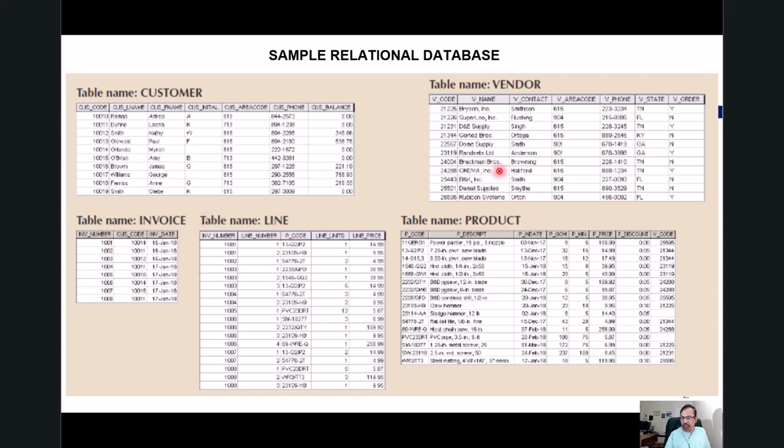So what would that require me to do? I start with invoice, and then I know that invoice number is a foreign key in line, so I use invoice number to connect line and invoice. Then I look at this product code, which is a foreign key in line. I use product code to connect line with product.